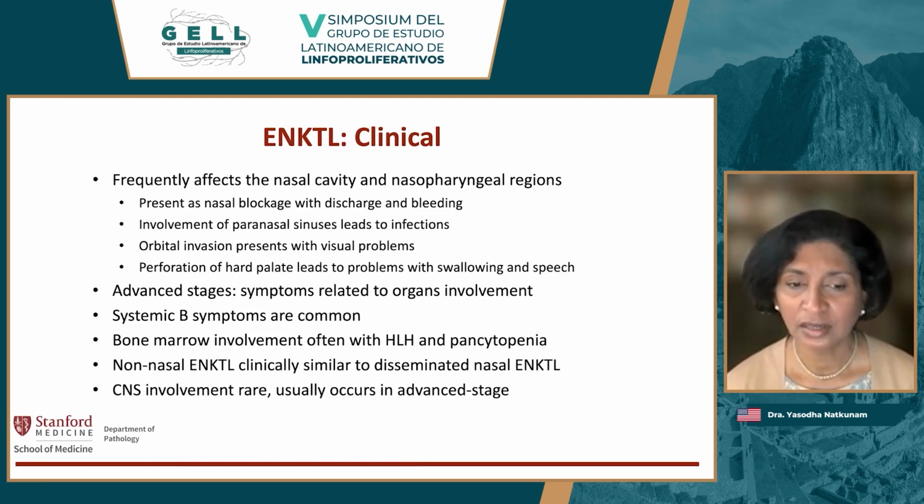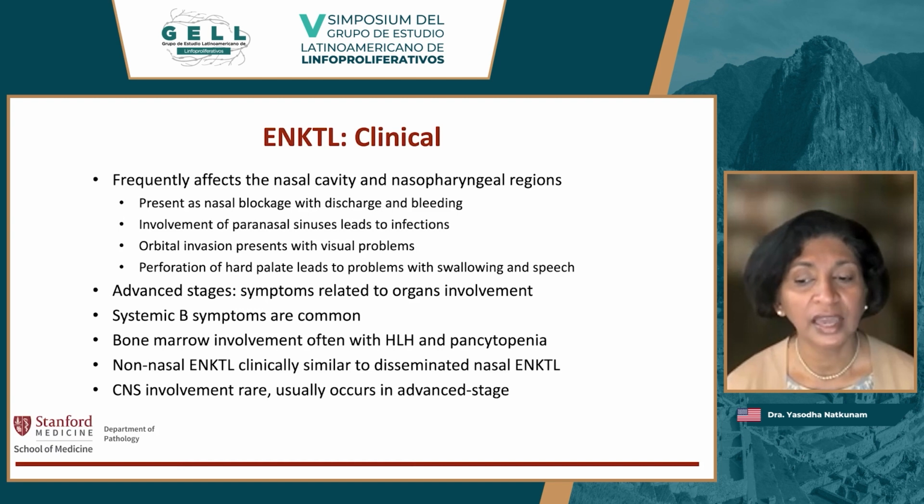In advanced stages, the symptoms are usually related to organ involvement. And also systemic B symptoms are quite common, and bone marrow involvement, often with hemophagocytic lymphohistiocytosis and pancytopenia, can also occur in this disease quite often.